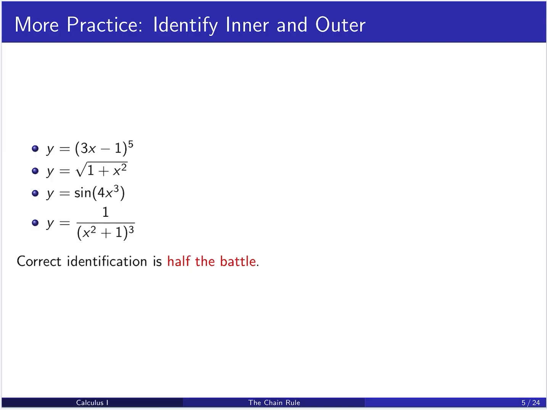So let's drill this identification. I'll give you four functions. For each one, I encourage you to try by yourself. Pause this video, write down your answer, then come back. Ready? Okay. The first one is y equals (3x minus 1) to the power 5.